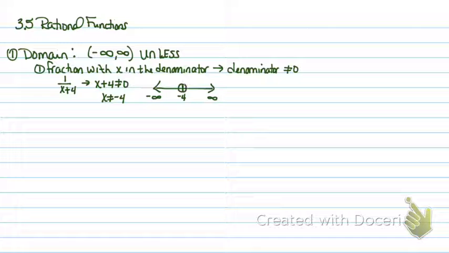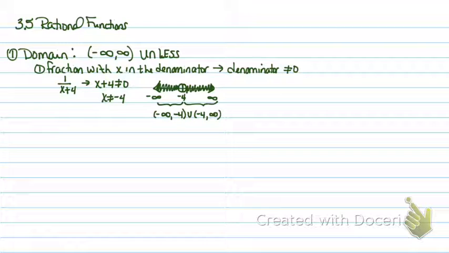If it can't equal that, that means it's going to be an open circle. But if it can't equal negative 4, that means it can equal everything else. So everything I shade is going to be part of my answer. And so I can see that I've shaded from negative infinity to negative 4, and then we'll put that union symbol, and I shaded from negative 4 to positive infinity. Just make sure the negative 4 has parentheses on both of them, because it's not included.